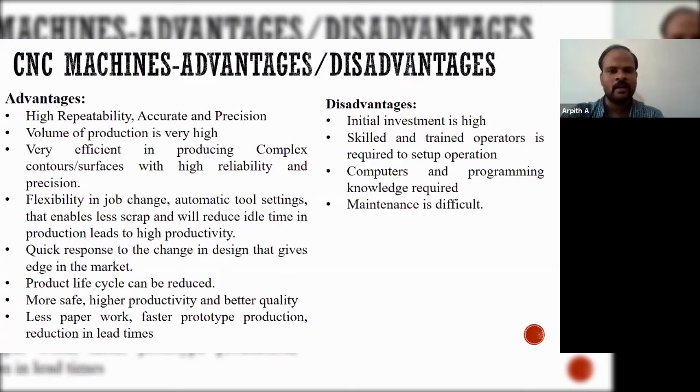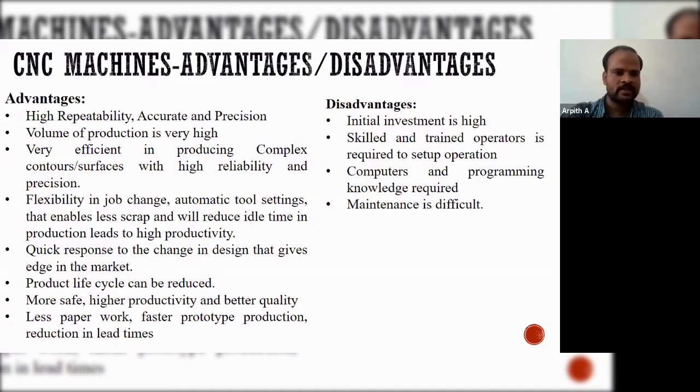We need high reliability for complex shapes. If it is simple, reliability is going to be there, but the main challenge, or feature, of CNCs is that very complex surfaces are produced with very high reliability and precision.